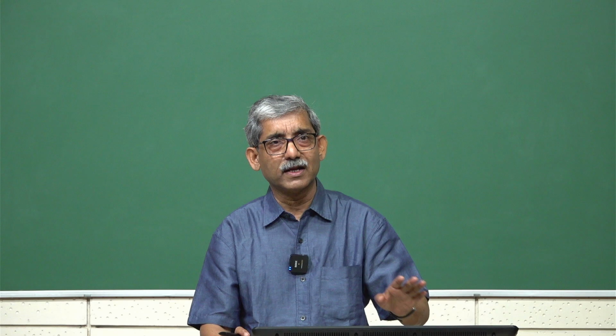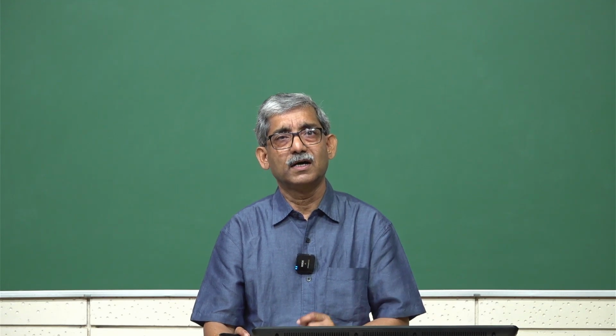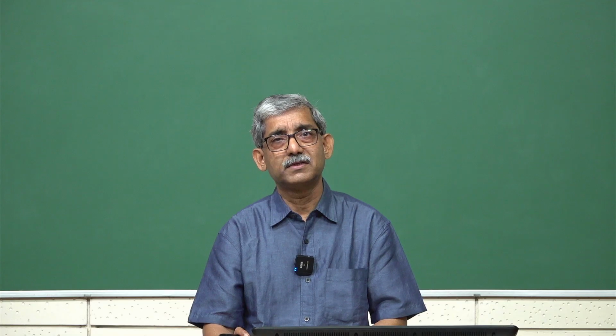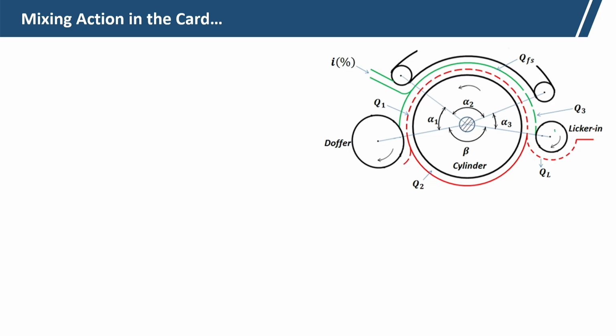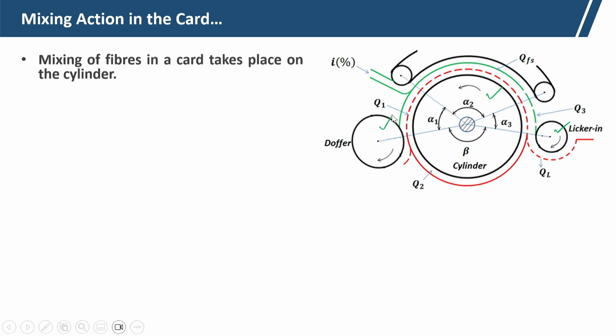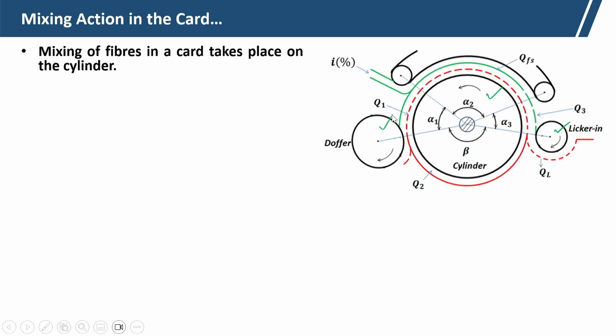We will now try to analyze these things. So, this is the carding machine. So, here Licker-in, cylinder, Doffer. Now, mixing of fibers in a card takes place on the cylinder. So, mainly the cylinder is responsible, because Doffer and Licker-in cannot mix.